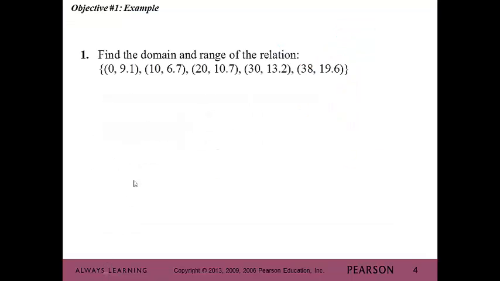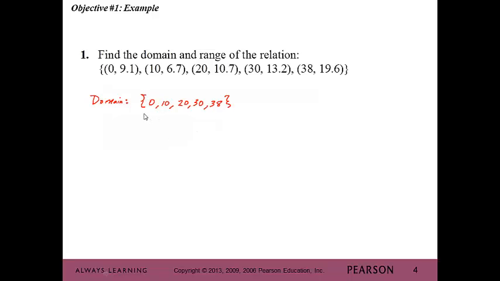So let's find the domain of this relation. The domain is all of the x values. Remember, the x value is the first component of your ordered pair. So we have 0, 10, 20, 30, 38.